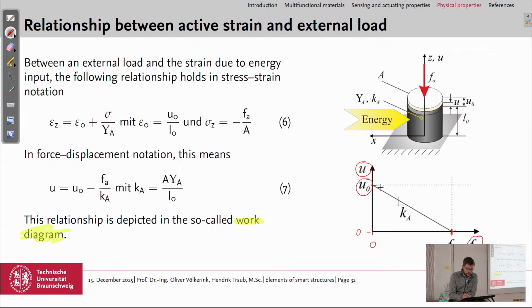If we connect these two points, we get this line, and the slope of this line is the spring stiffness of the actuating material. This we call the work diagram, and in the lab you will measure this point and also several other points on this line, and with this you can construct the work diagram from the experiment.